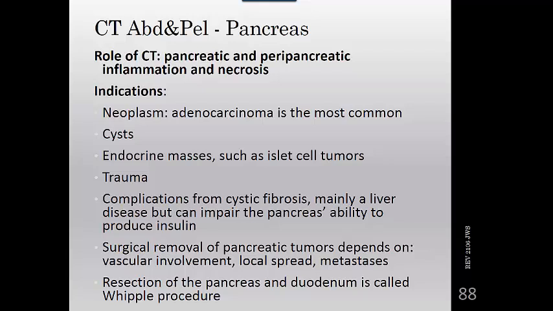Surgical removal of pancreatic tumors depends on vascular involvement and the local spread or the mets. And then a resection of the pancreas and the duodenum is called a Whipple procedure. You may hear that. You may scan patients after or before that as well.